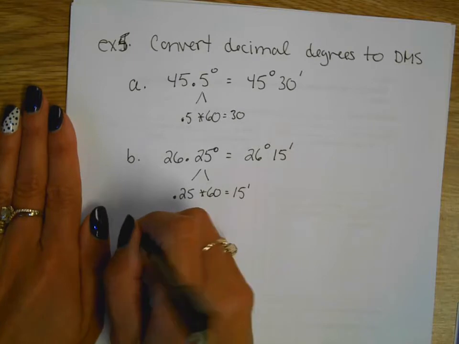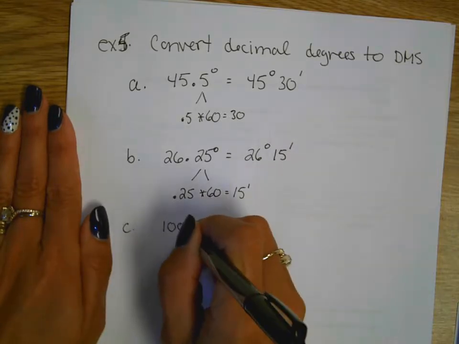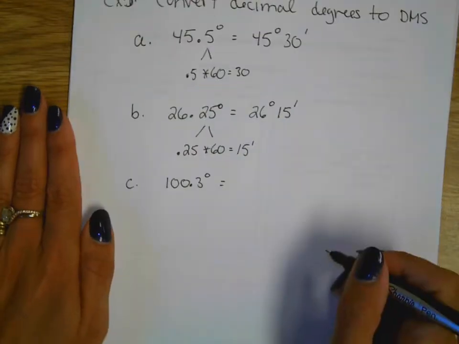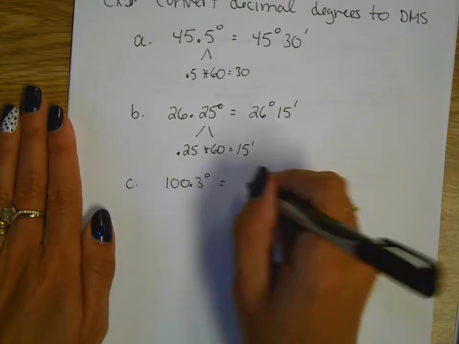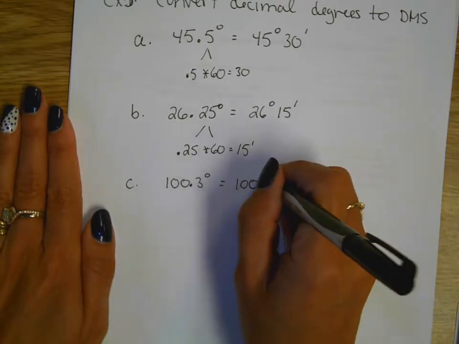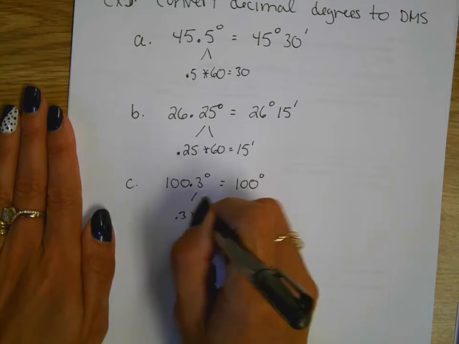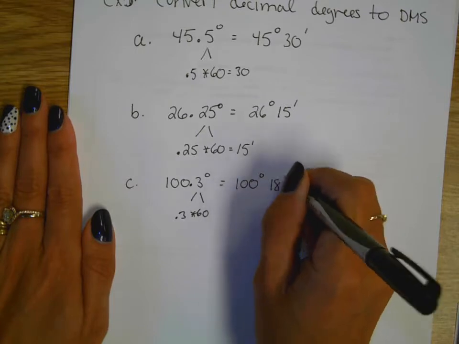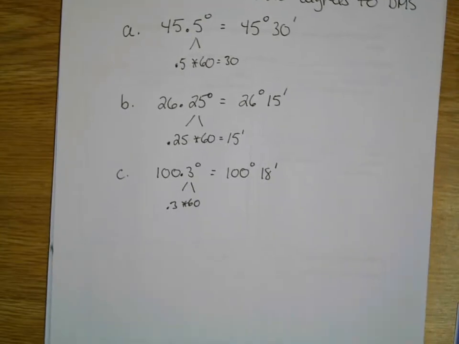And we'll try one more. 100.3 degrees. So again, you got your 100, and then whatever 0.3 times 60 would be. 18. So, there's by hand, simple enough.